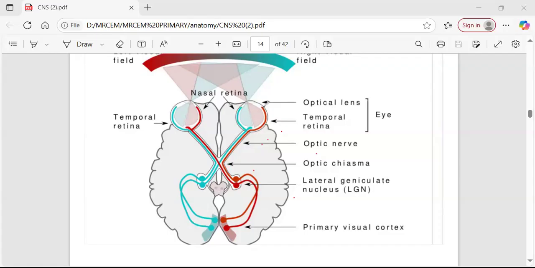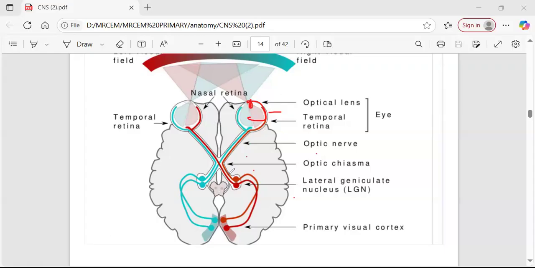If there is a left optic nerve issue, that means there is only monocular visual loss, a left-sided monocular visual loss.